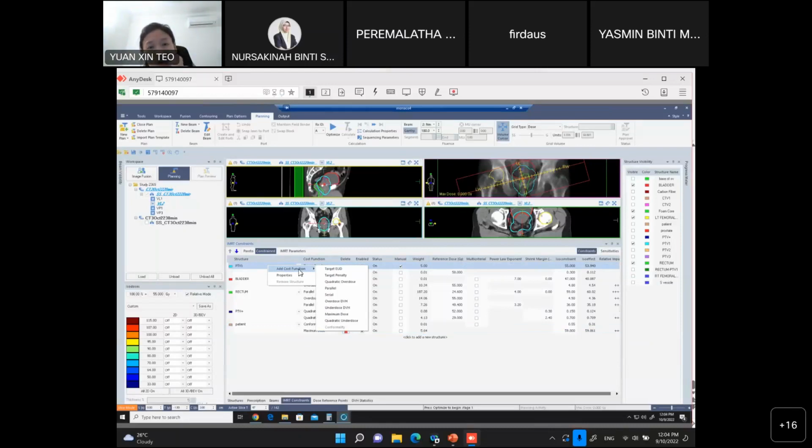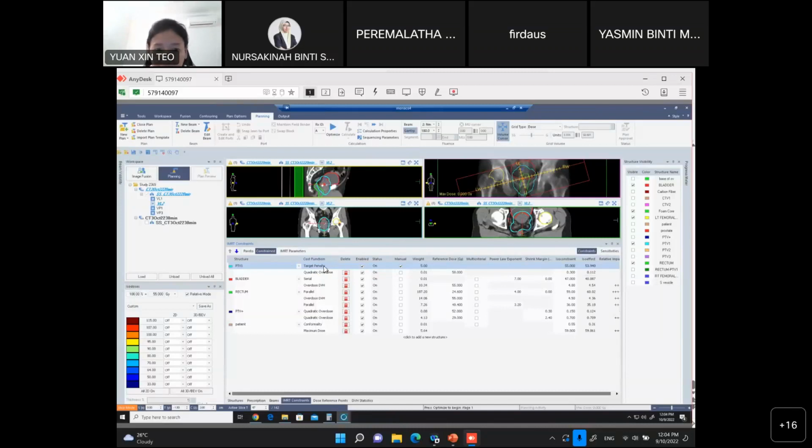Target EUD is more of a radiobiology function, where it's a little bit difficult to play around. So normally we will directly use target penalty. Target penalty here means we will tell the computer, I want 55 gray for this PTV1. Okay, we will select target penalty and then 55 gray.